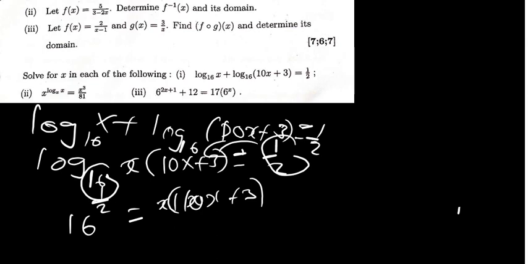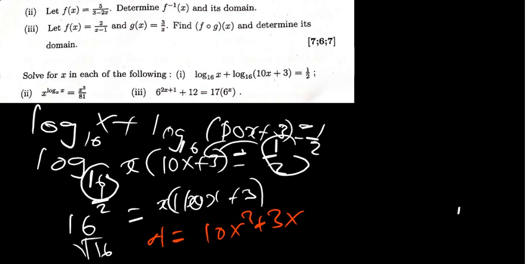So here we know that 16 to the power half is the same as the square root of 16. What is the square root of 16? 4. So here it is going to be 4 equals x times 10x, which gives us 10x squared plus 3x.